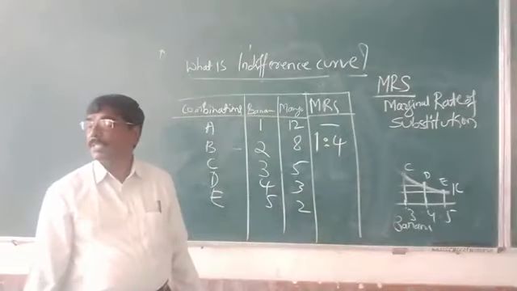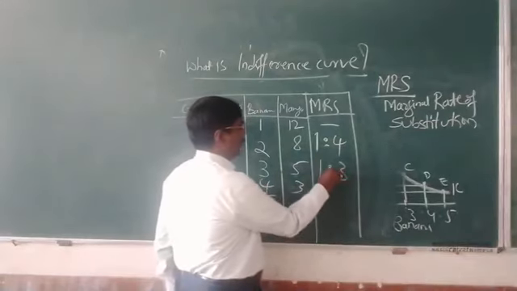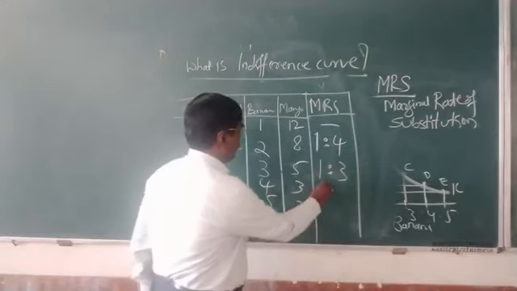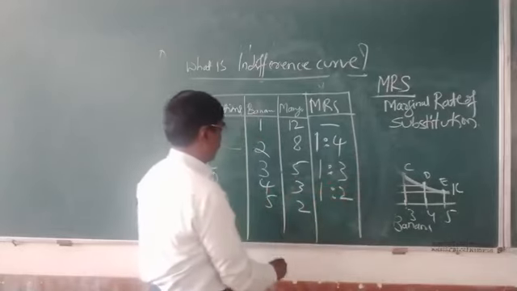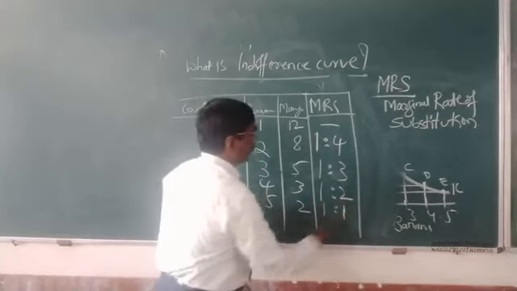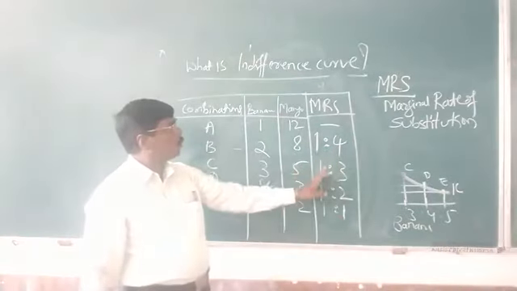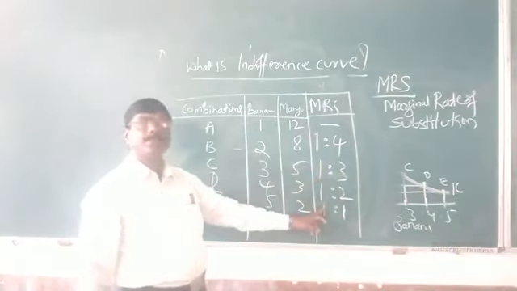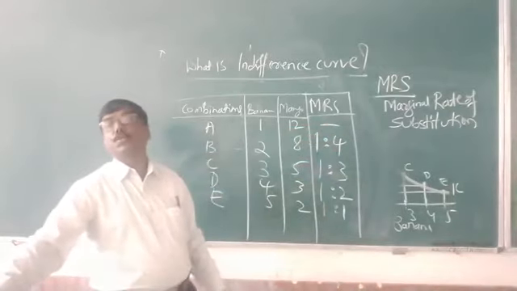The rate of sacrifice is 1 and 3. He is ready to sacrifice to consume more. It is known as a marginal rate of substitution.